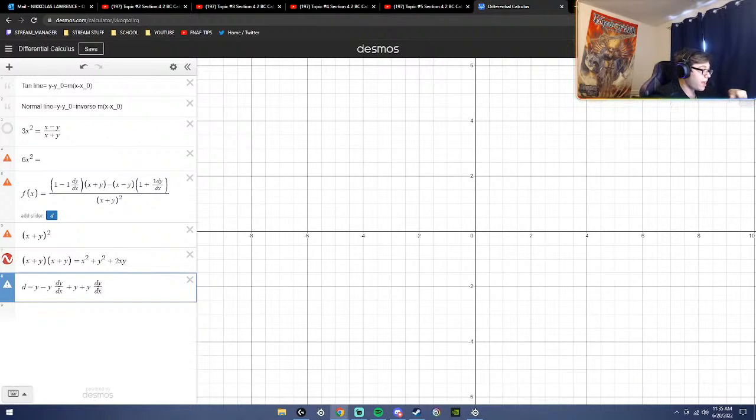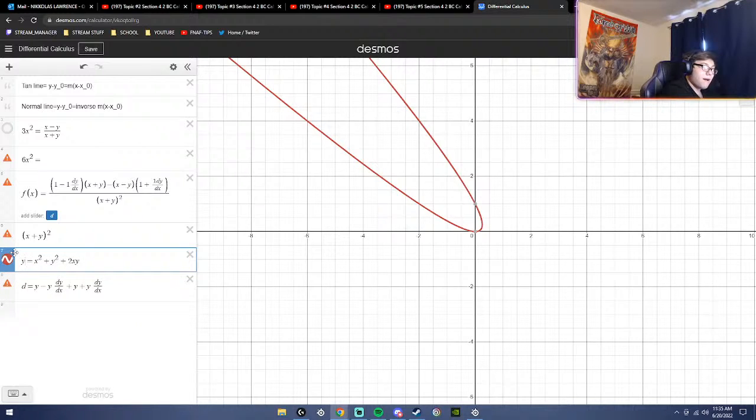Since it's negative y dy/dx, I could cancel the positive y dy over dx because they're opposite of each other, so it would equal 0. You could do that. Let's just call this g, because I'm late.